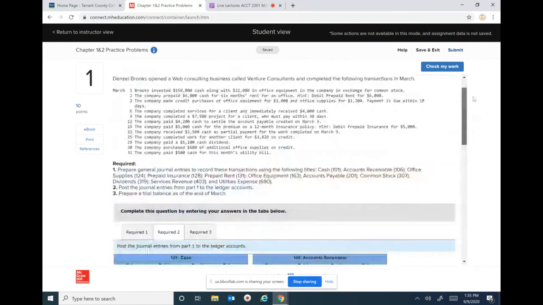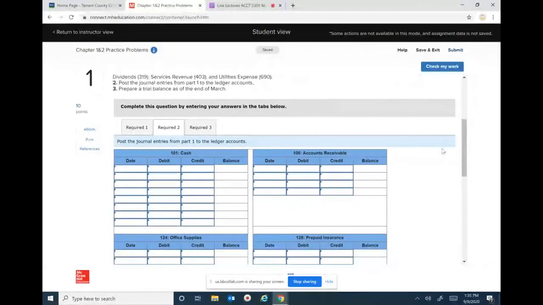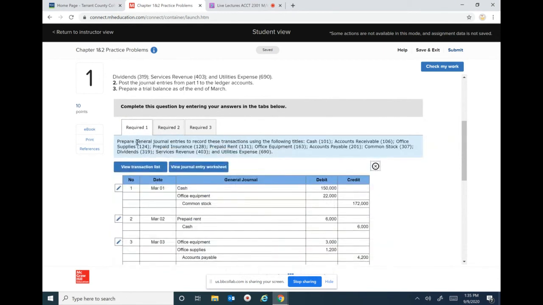This is the part where I'm going to show you only a couple of the transactions. If you want to do this one on your own, you're absolutely welcome to do it. I'll post a couple of the transactions, and then I'll talk about a couple of important things when it comes to T accounts. So when you're posting, you'll go to the first requirement, right?